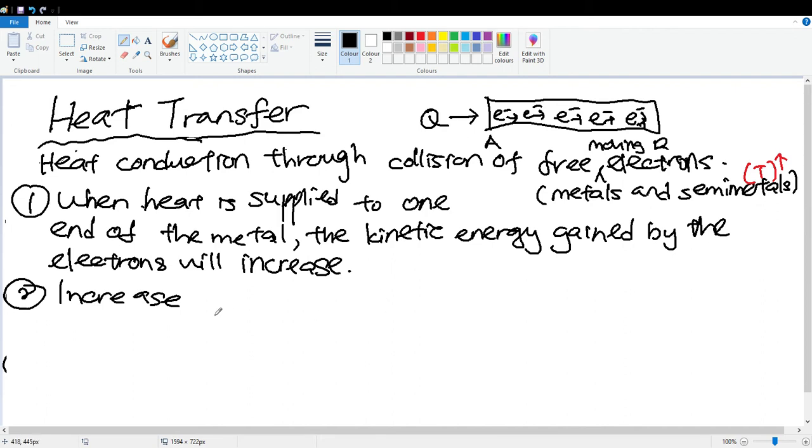So, increase in kinetic energy. This one should be free moving electrons, so we must state this specifically.